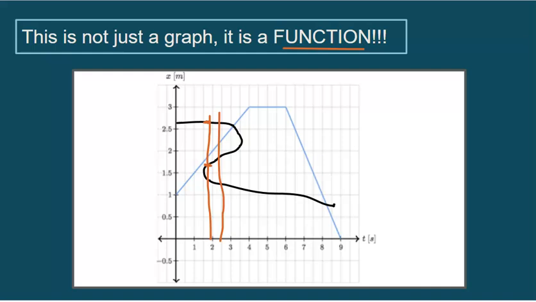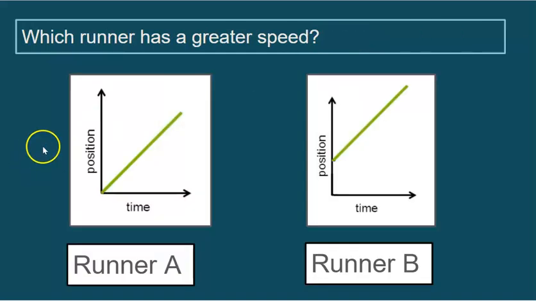Okay, so you have two objects, runner A and runner B. Their position versus time is graphed. Which runner has a greater speed? That is a trick question. Even though runner B, let's make up some numbers here real quick.